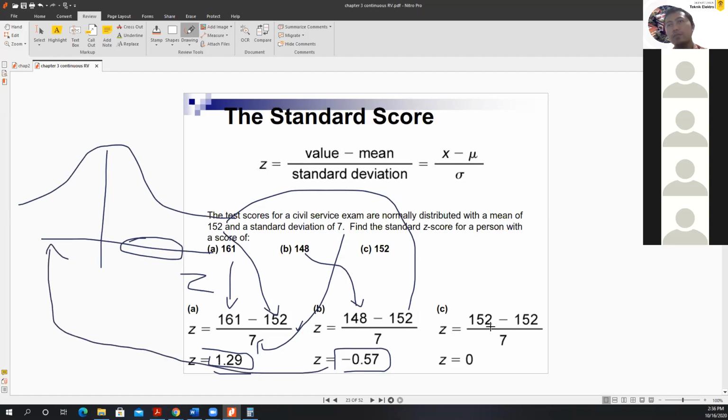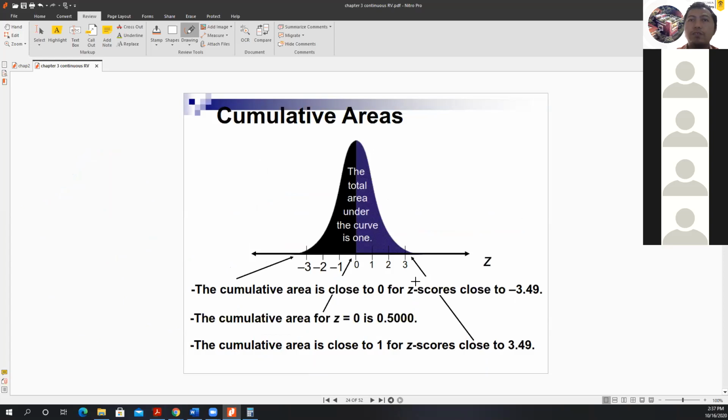And for example, somebody has 152, equal to the mean of the population. It's located here. So that's why the Z score is 0 here. Any questions? We move forward to this one.